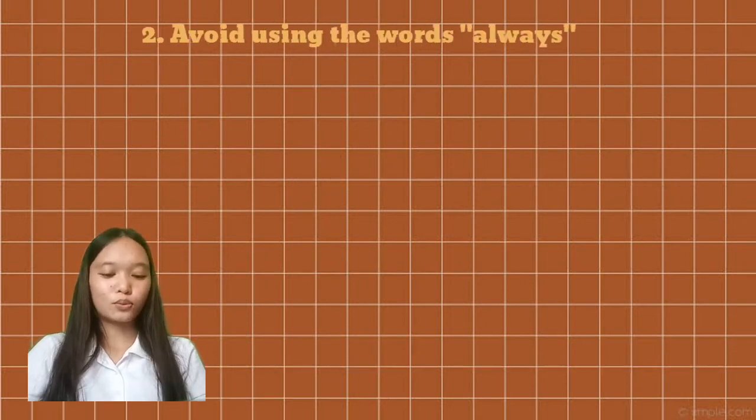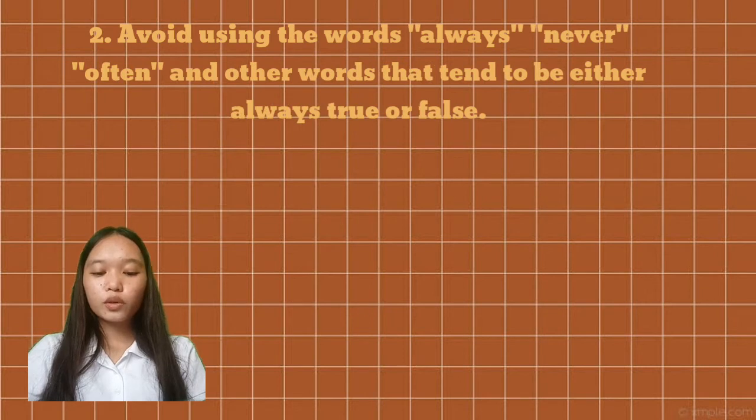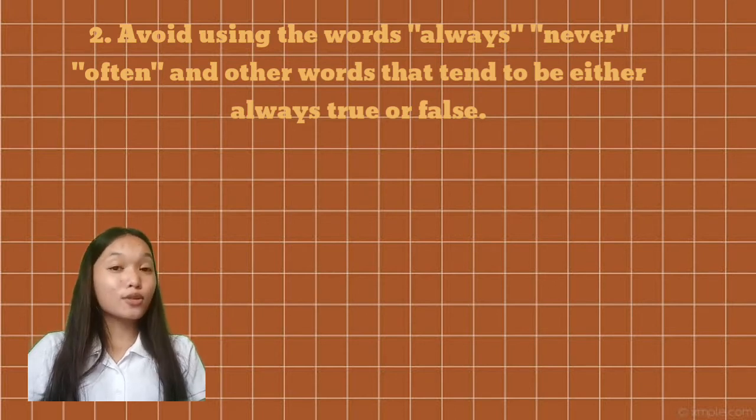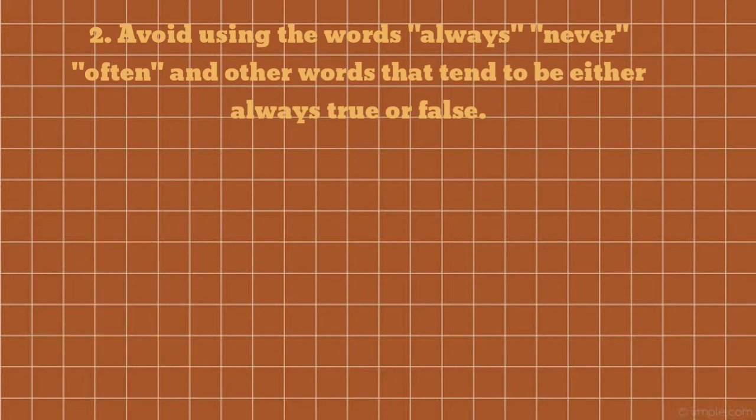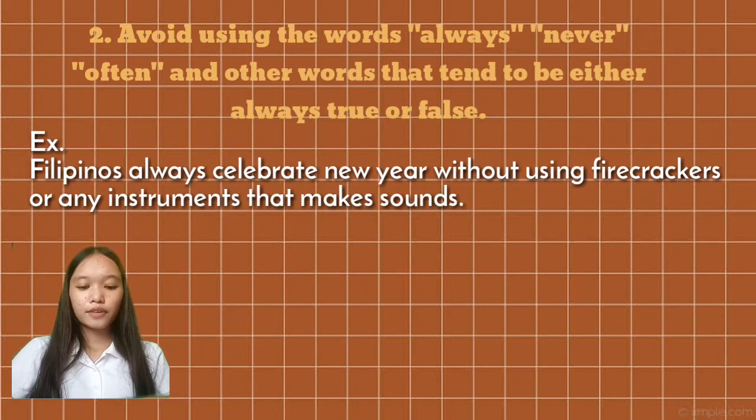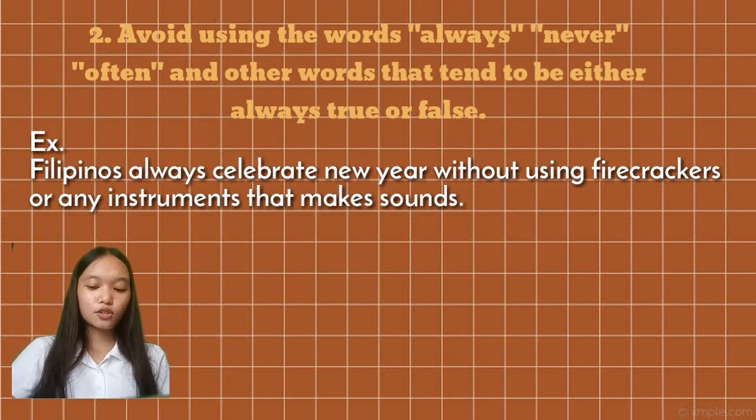Number 2, avoid using the words always, never, often, and other words that tend to be either always true or always false. For example, Filipinos always celebrate New Year without using firecrackers or any instrument that makes sounds. Is that true or false?